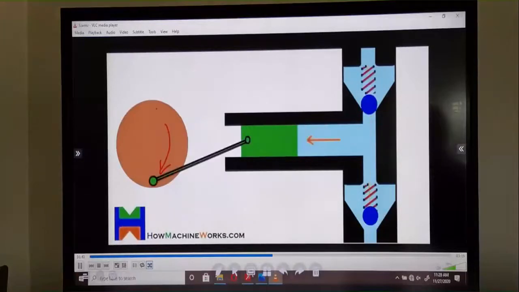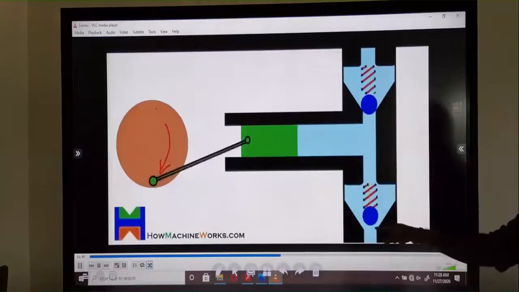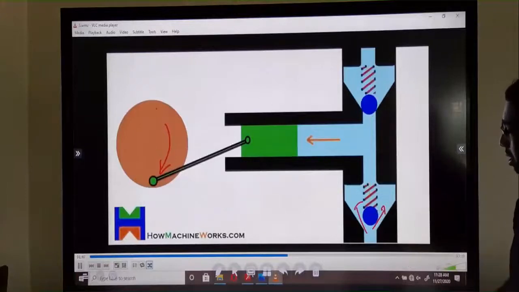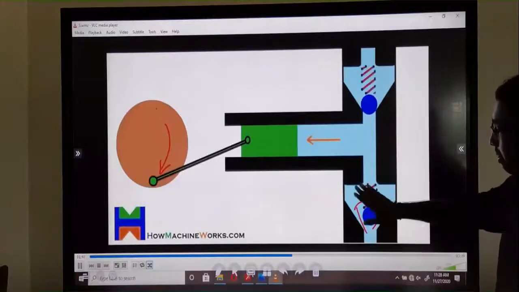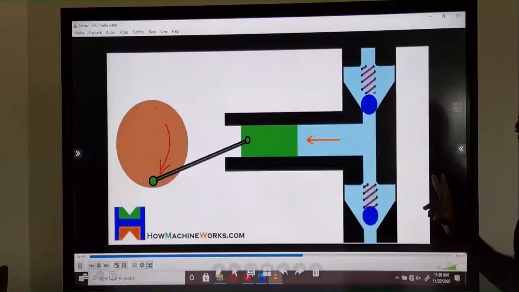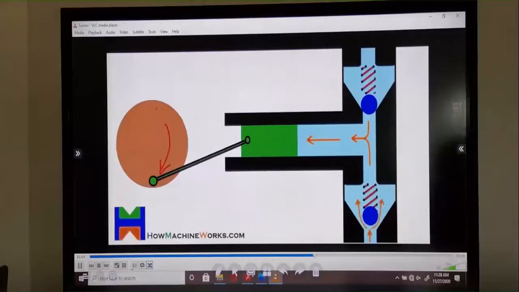When the plunger goes downwards, we get a gas space here. That time this port is working. So this type of plunger can control two types of movement.